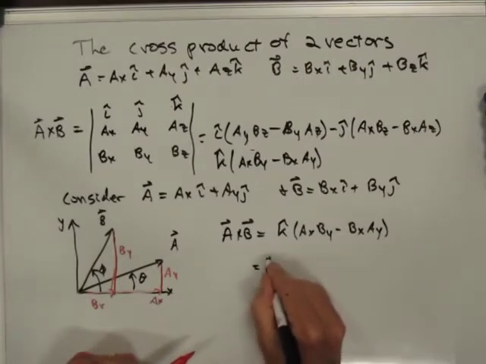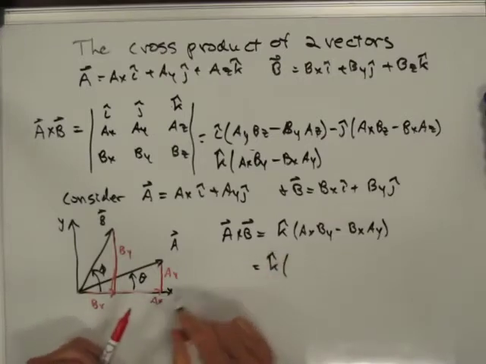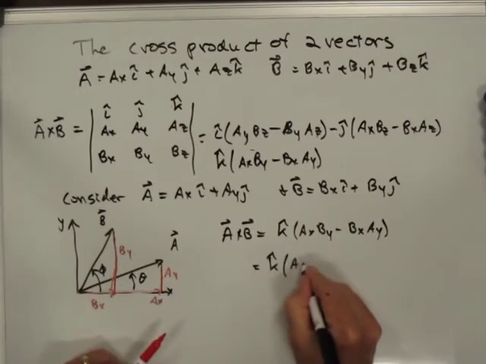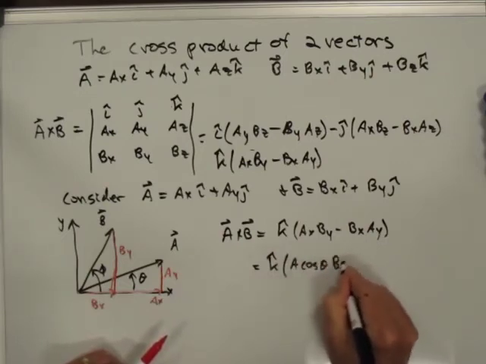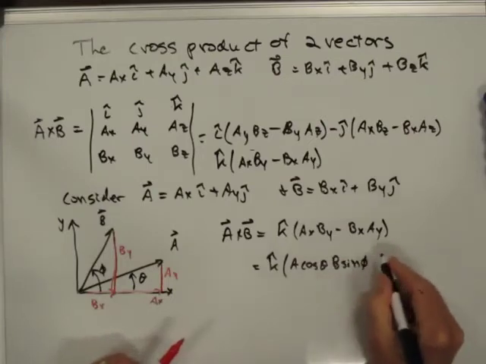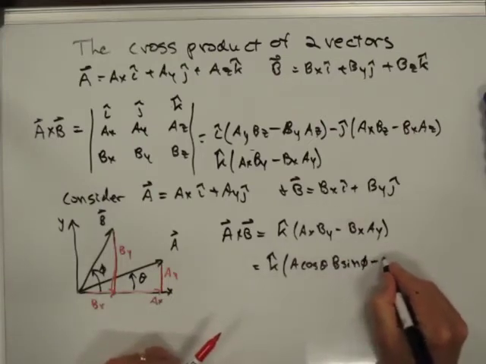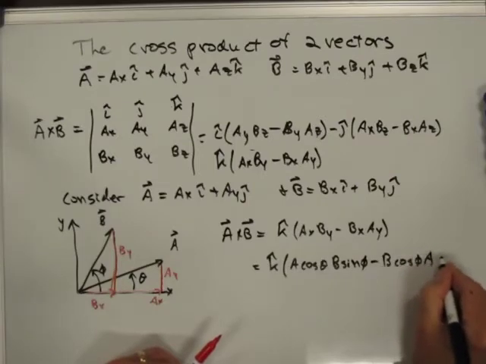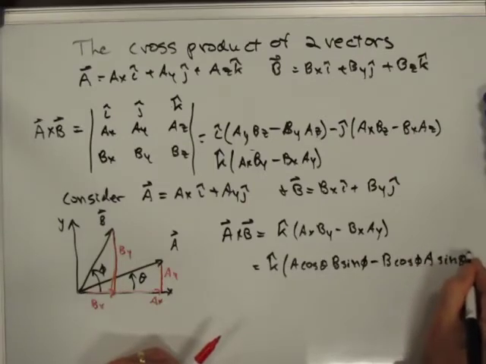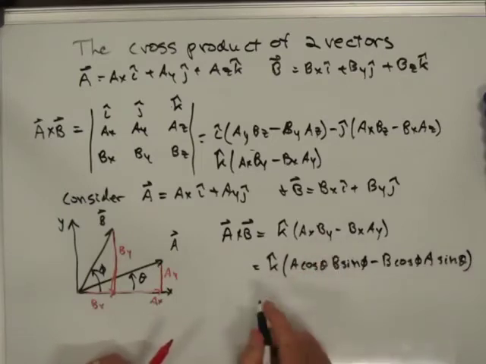And that's k hat times, and so AX is just A cosine theta, and BY is B sine phi, minus B cosine phi times A sine theta. That's what this would simplify to, or expand to, if you want to call it that.